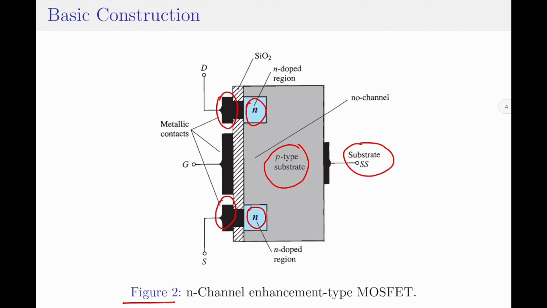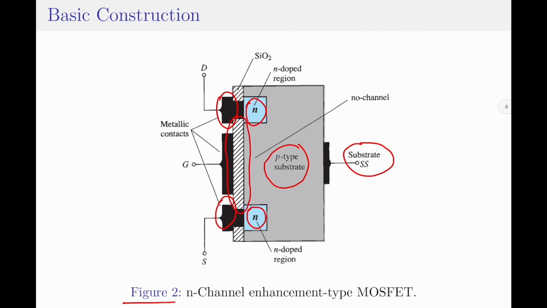This is the primary difference between the construction of a depletion type MOSFET with respect to an enhancement type MOSFET. Lastly, a silicon dioxide layer isolates the gate terminal from the P-type substrate. This silicon dioxide layer is shown here with crossed lines.